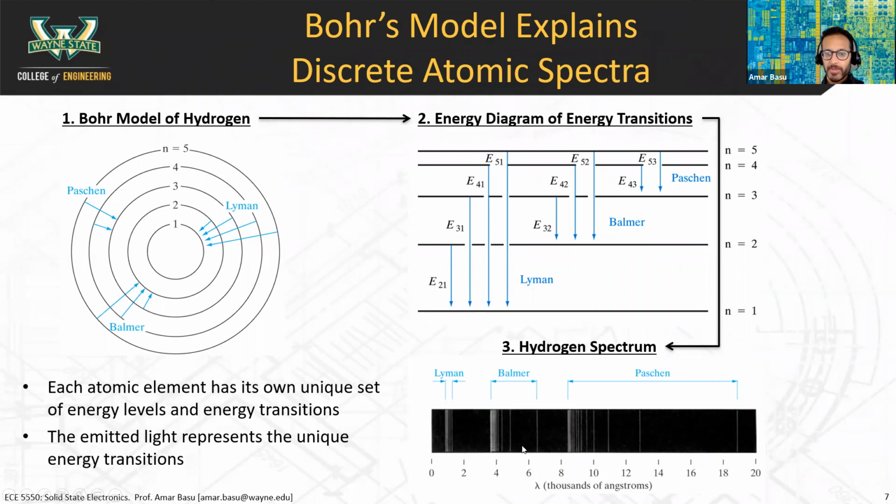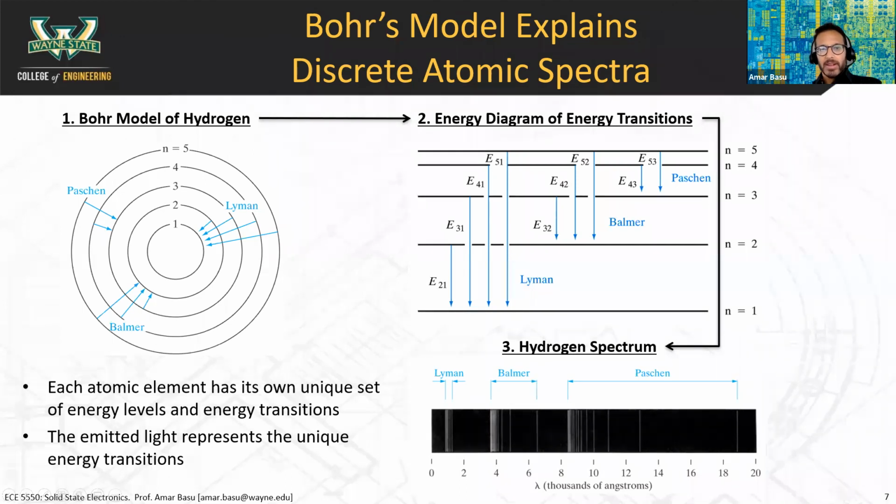And each one of them has corresponding lines on the hydrogen spectrum that are observed. And this is not just for hydrogen. It's related to any atom. They do the same experiment for xenon and see a different spectrum.